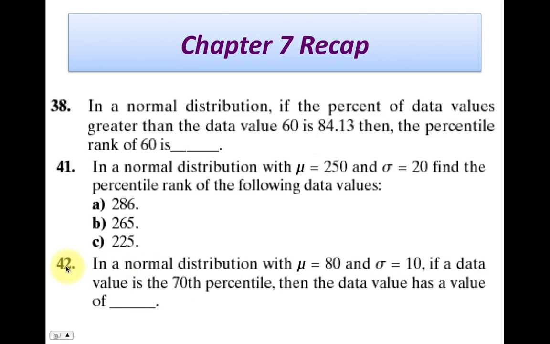So this question, you're going to be using inverse norm. When you are given an area, so you're given the bottom 70% of area, and you're being asked to find the data value that cuts off that area, that's inverse norm.